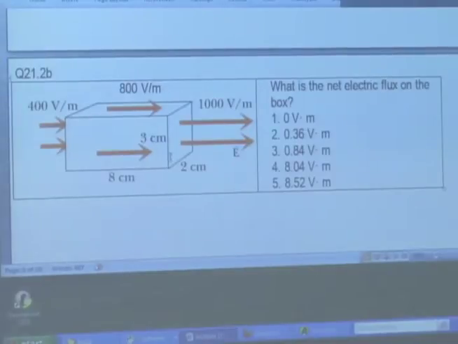Here's the dimensions of the box. It's 3 centimeters high, 2 centimeters deep, 8 centimeters long. See if you can calculate the net electric flux over the entire surface. So we have essentially 6 surfaces to think about, right? Front, back, top, bottom, left, and right. You want to find the flux on each surface, add them all up to get the total.